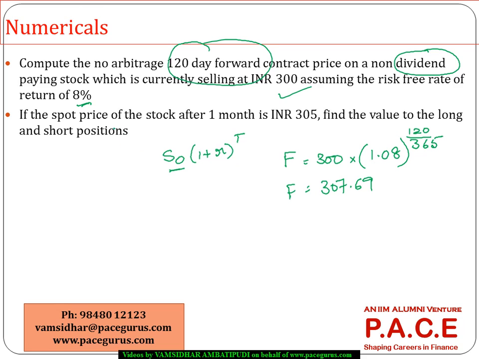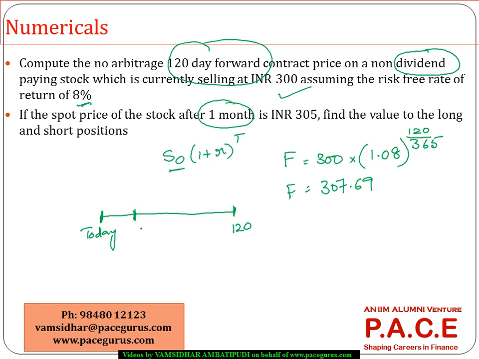Now, how am I looking at the value? Suppose the spot price of the stock after 1 month, so basically on this day we have entered into the forward contract, where the forward will be expiring 120 days from today. Now what are we saying? The spot price of the stock after 1 month.